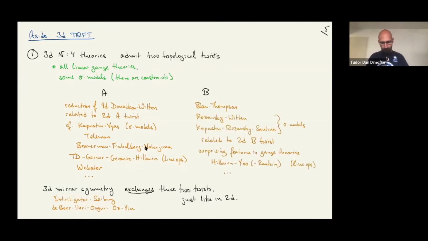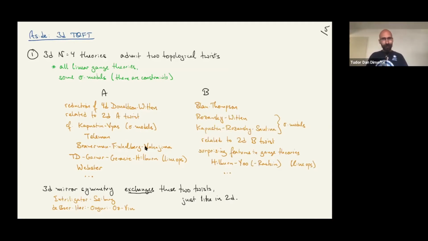The B twist was first observed to exist by Blau and Thompson, and it played a major role in work of Rozansky and Witten. This is the B twist of sigma models. And Kapustin and Rozansky and Saulina described higher categorical structures in the B twist.